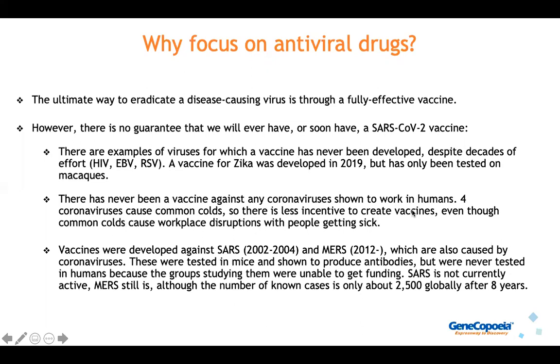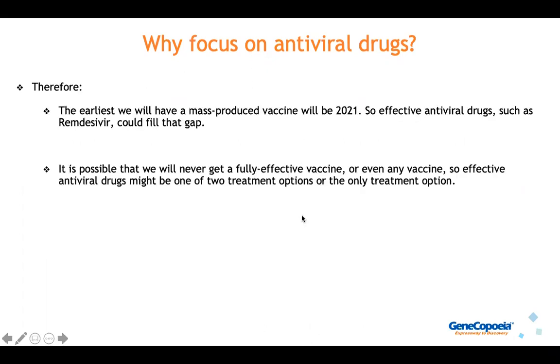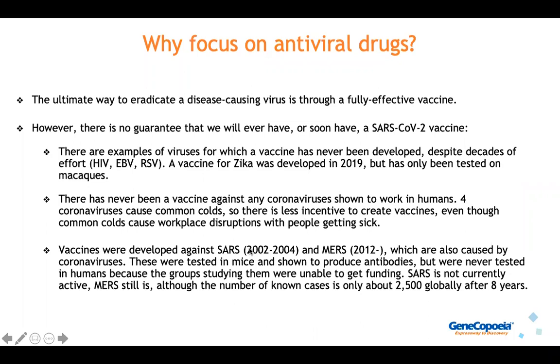Even though we've seen a lot of promising results lately, most of the vaccines in development do appear to be safe, and they produce strong neutralizing antibody responses. However, we will still not know for at least a few weeks, if not months, if these vaccines are going to be effective.